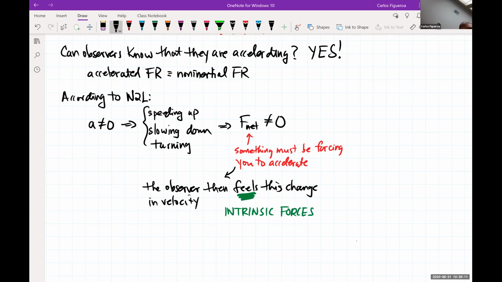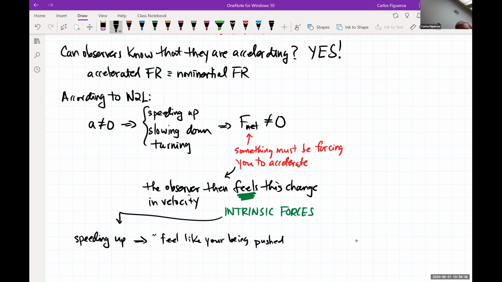So what do I mean by these intrinsic forces? If you're speeding up, what do you feel? You feel like you're being pushed back.